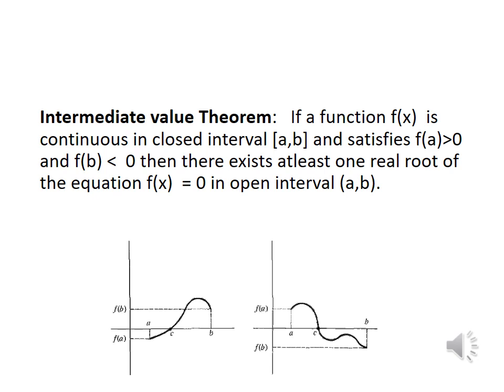So to get the first clue about the root, we substitute values and try to find the change from positive to negative, and we can say that the root is in between that range when it changes sign.